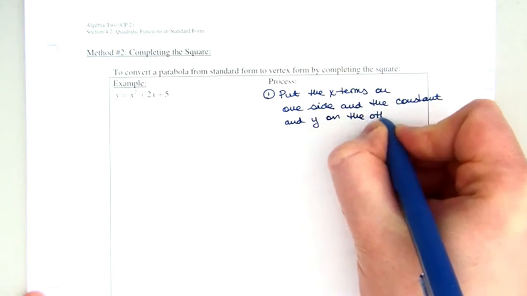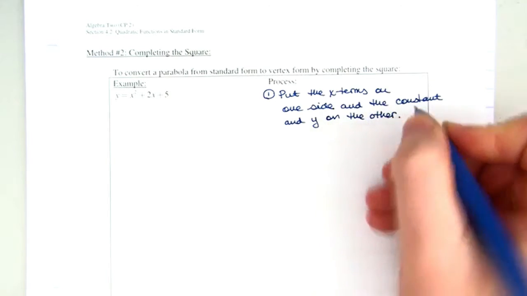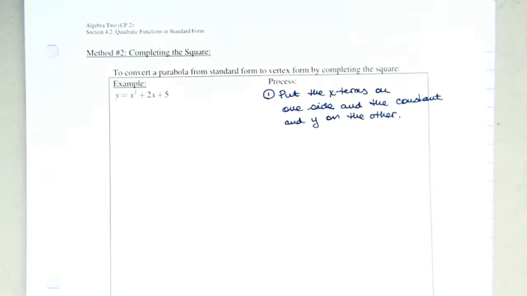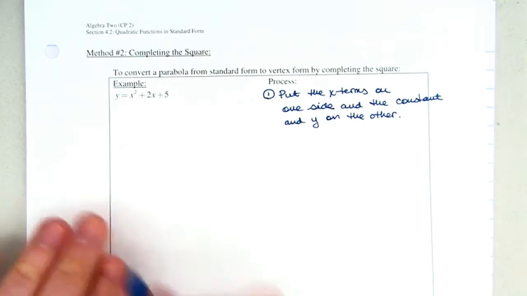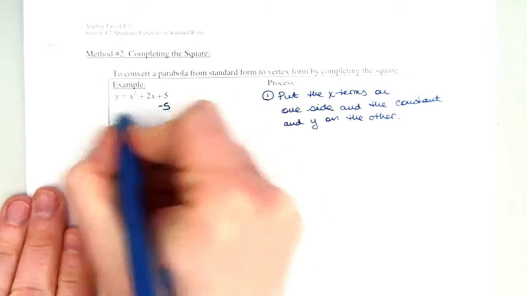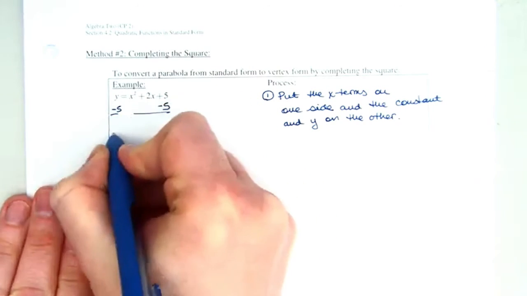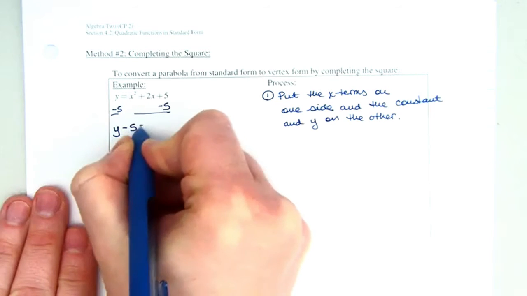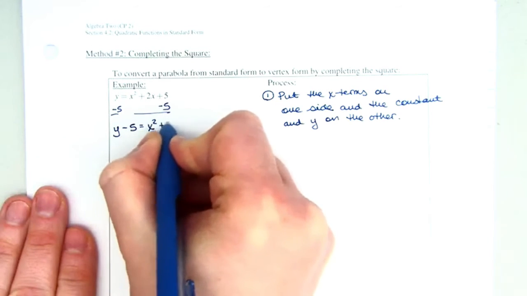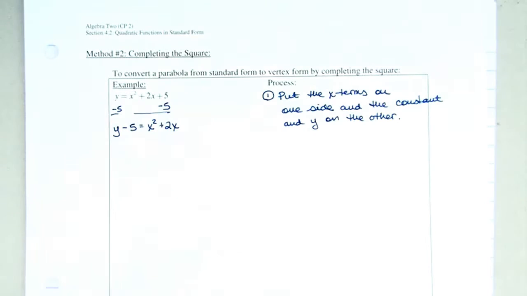Which really just means in this problem, I have to subtract 5 from both sides. Minus 5, minus 5. Y minus 5 equals x squared plus 2x. I want the x terms on one side, constant and the y on the other.